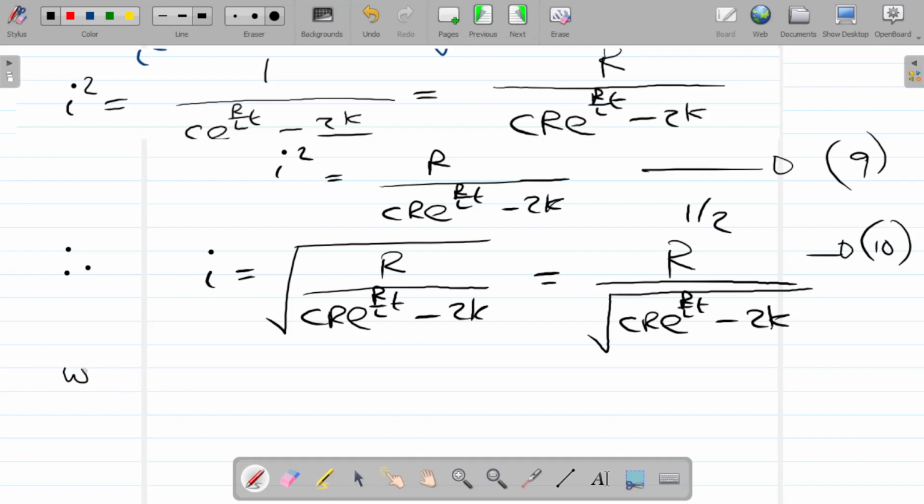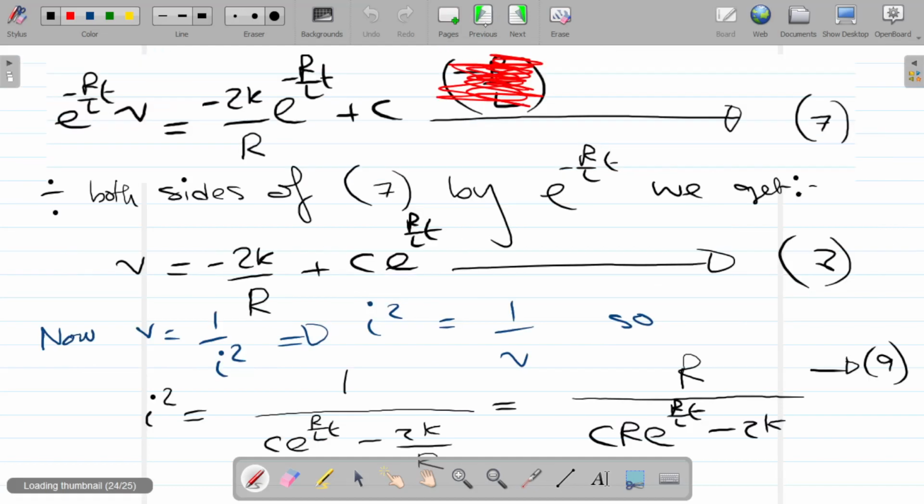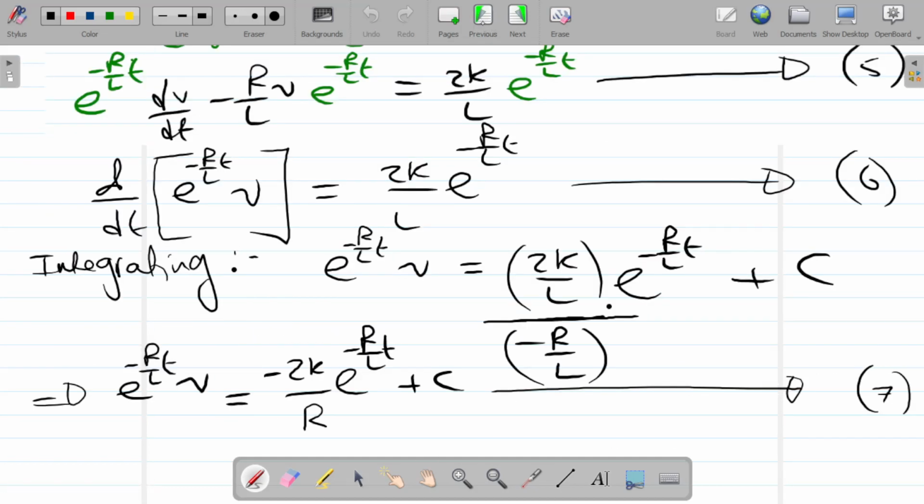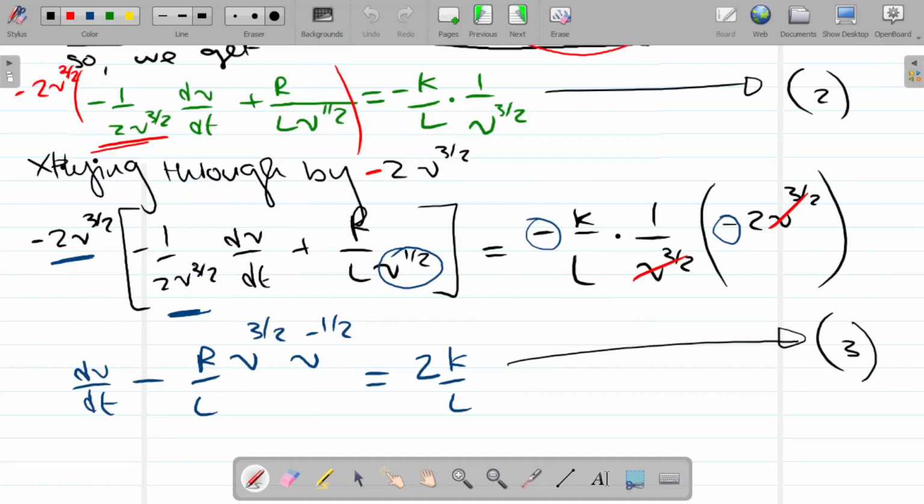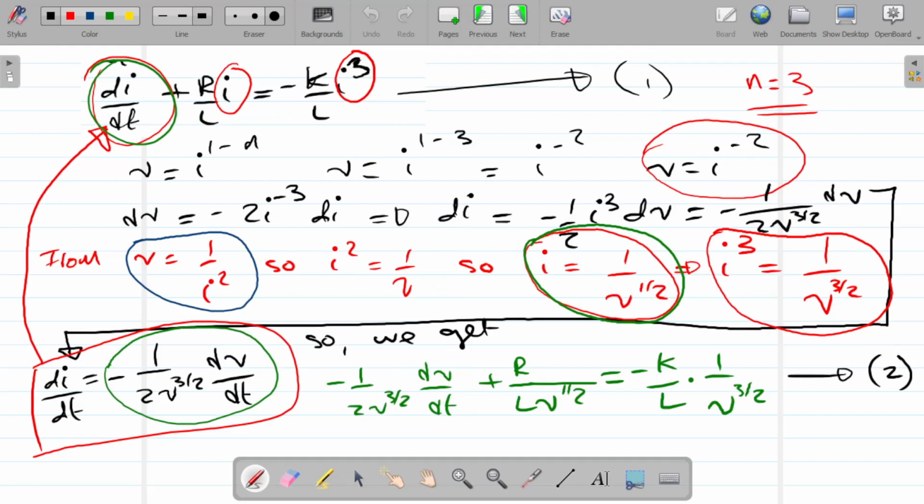And this is the solution to what was the original equation? Let me see. Is this the one?